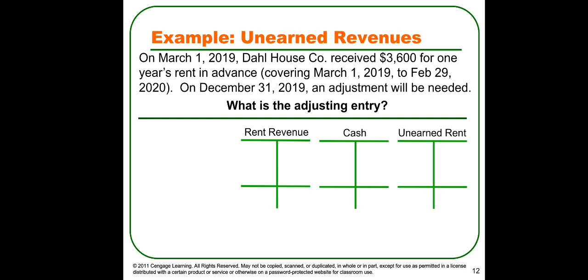Okay, this is the fourth type of adjusting entry. It is called unearned revenue. Unearned revenue is the opposite of the prepaid expense. Unearned revenue is something like this. You have a business.